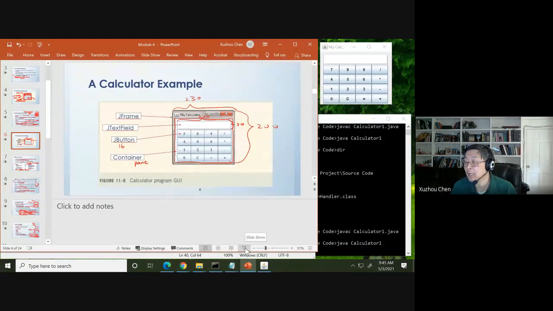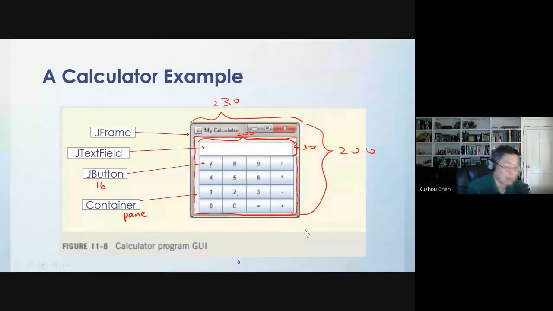The location is set to be 10, 10, so that means the location of this display is the top left point, the corner, which basically defines the location.